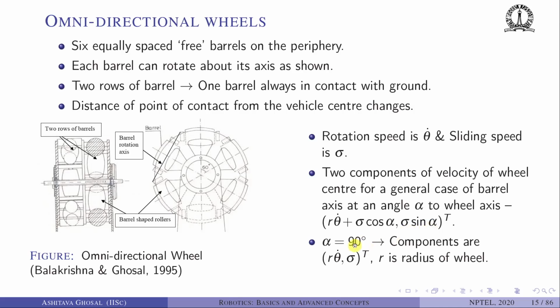If alpha were 90 degrees like this drawing, then the components of the velocity are r theta dot and sigma. You can see r theta dot is in this direction like any other wheel, and sigma is in the perpendicular direction.